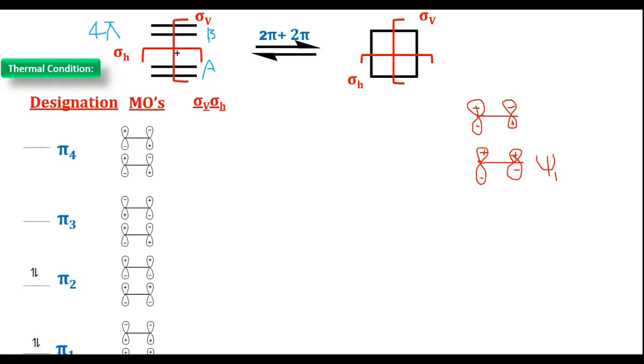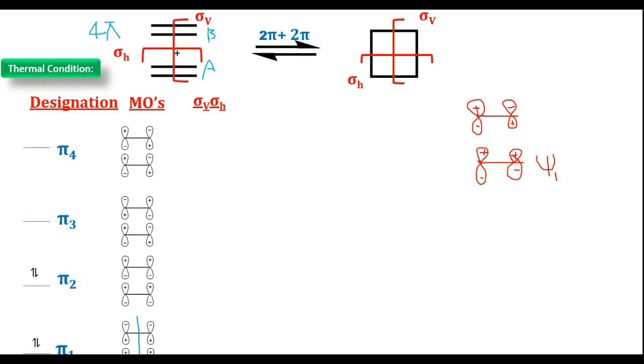Here, first I am using the vertical plane of symmetry. This vertical plane of symmetry bisects the molecule into 2 equal parts. How can you say equal parts? From top to bottom, minus, plus, plus, minus. What is here? Minus, plus, plus, minus, same thing. Whatever you are observing on the left side, the right side is also the same.